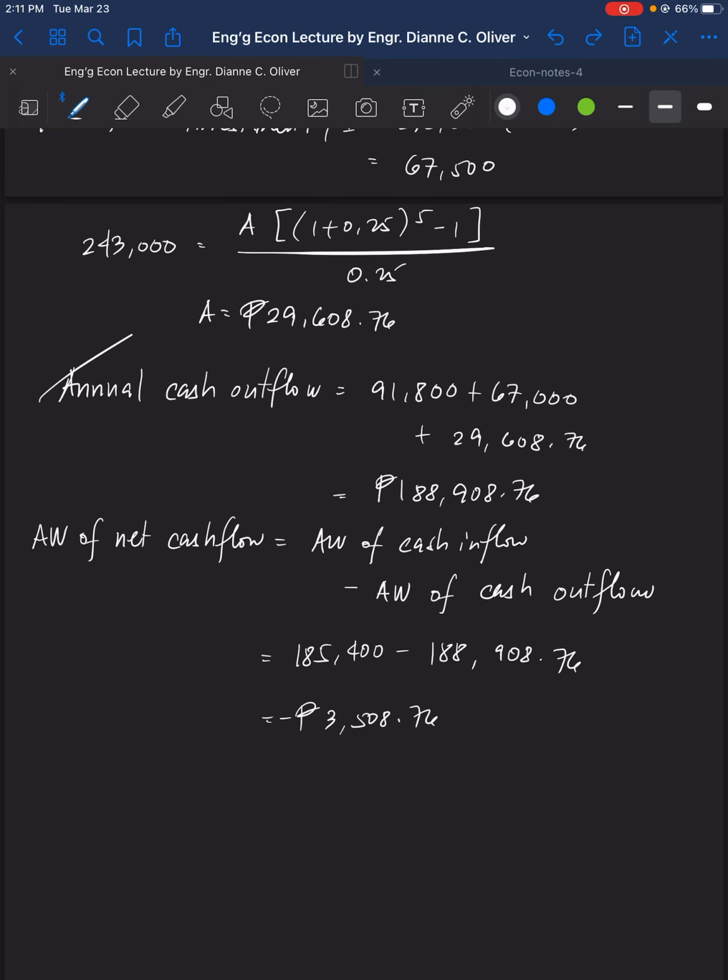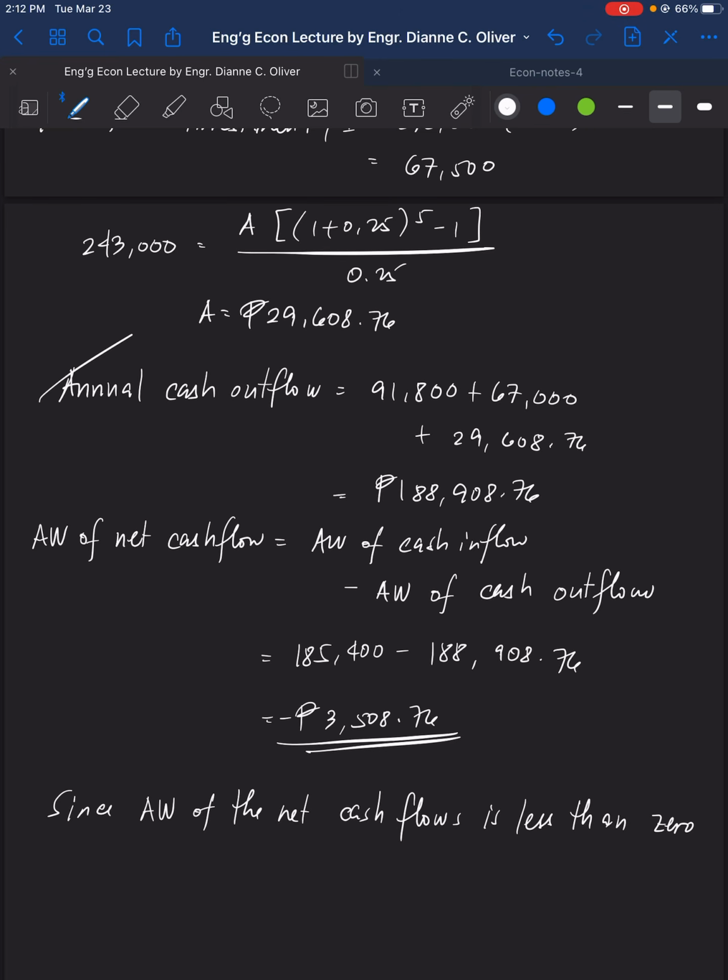Therefore, if this is the answer here, negative, since annual worth of the net cash flows is less than 0, then the investment is not justified.